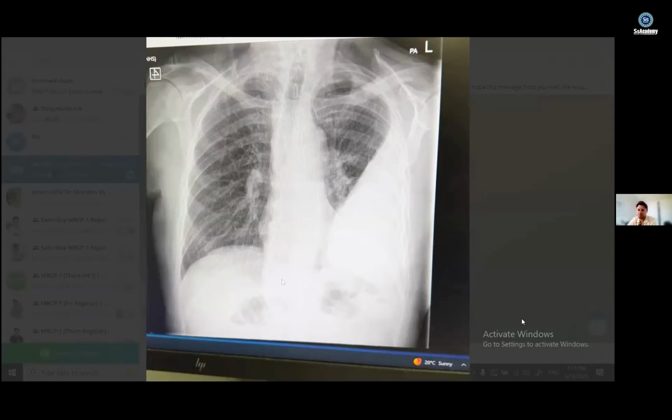Yes, give me some differential diagnosis. Give me some features suggestive of Dr. Sangita, everyone. Lower lobe consolidation. Basrumi, Adrita, and everyone. So there is an opacity on the left lung.